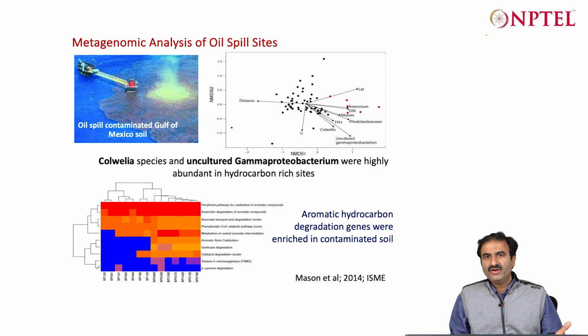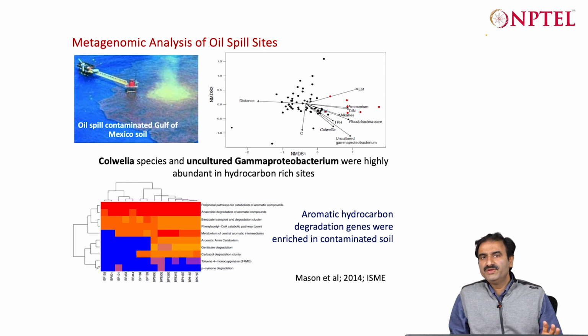Another case could be oil spills, because when you are extracting oil from the oceans, which typically host a lot of oil, there are cases of oil spills. Sometimes it happens accidentally, or sometimes a ship spills oil in the ocean.